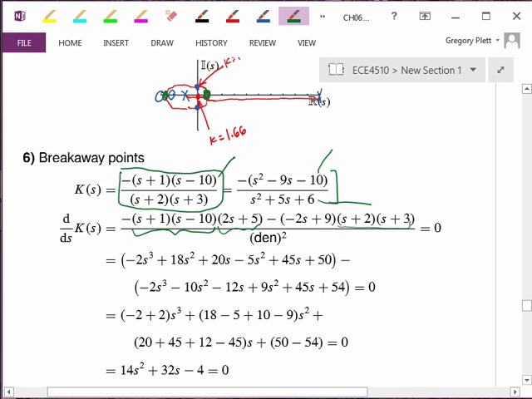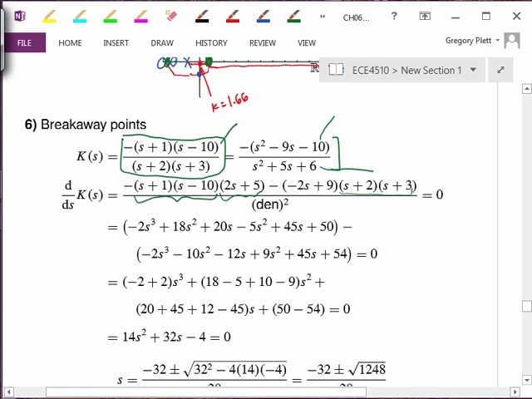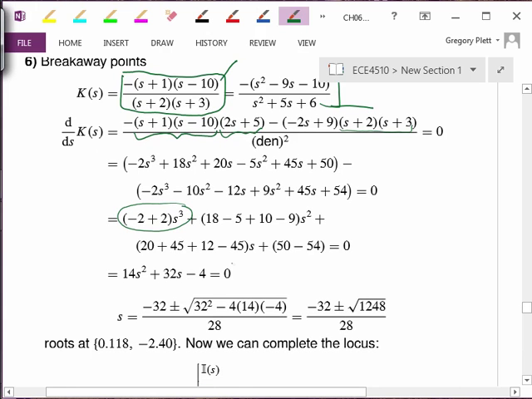And then there's some algebra multiplying these terms out, which again is a little bit tedious, but it's not too hard. We just go and do it, and we find that we have this equation minus that equation equals 0, and we combine terms, and it turns out that the s cubed term conveniently goes away, and we end up with a quadratic equation that we have to solve in order to find where the breakaway points might be.